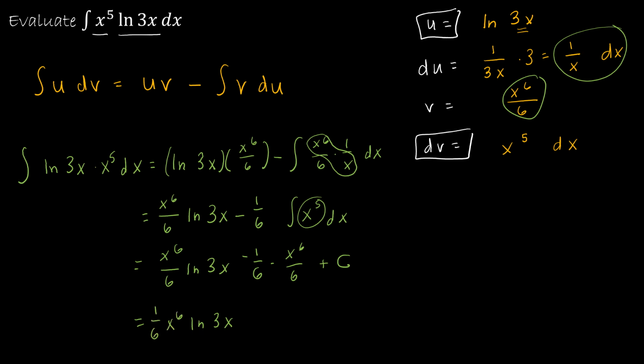It's really the same thing. And then here I've got negative 1/6 times x to the 6th over 6. So again, if you prefer to write the fractions separately, 6 times 6 is 36, and then x to the 6th, and then plus c.